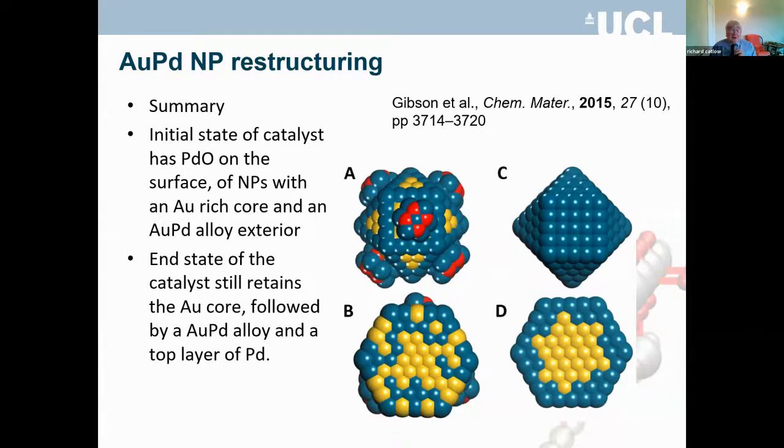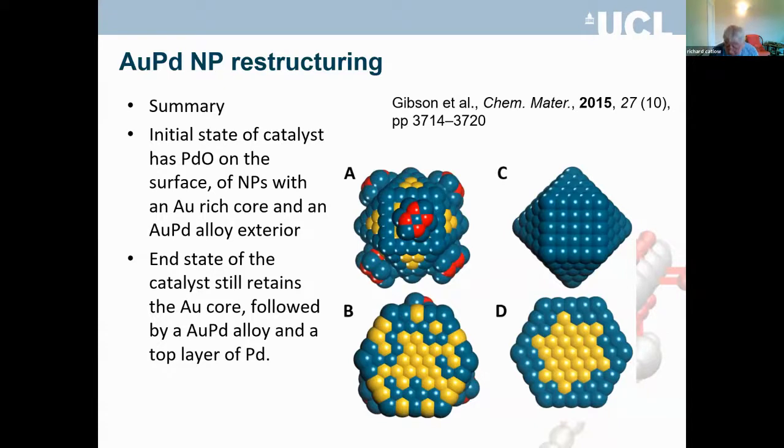Now, what you find is that during the catalytic operation, it reconstructs. You lose the oxygen on the surface, that oxidizes CO to CO2, and the particle reconstructs by all the gold burying itself in the core, ending up with what you're seeing in graphics D. So it really is a major reconstruction.